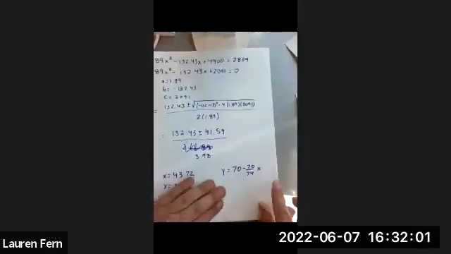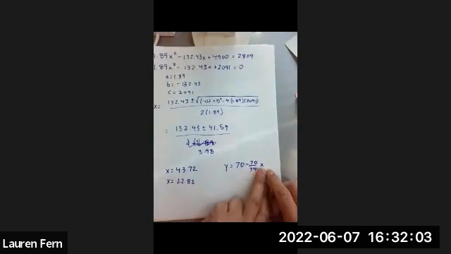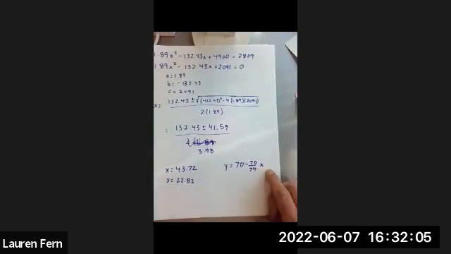I think you'll grant me if I plug in my x value, I should definitely get a corresponding y value here. So for example, I can plug 43.72 in there, and I can do this as follows. I can take 70 divided by 74, and that's negative, times 43.72, and then add 70 to it.